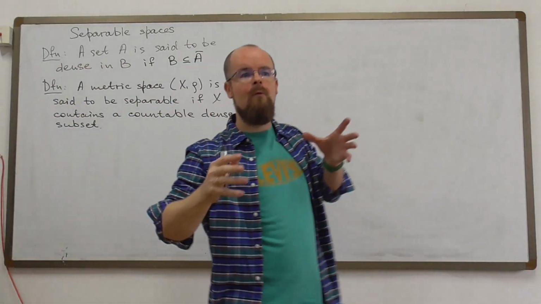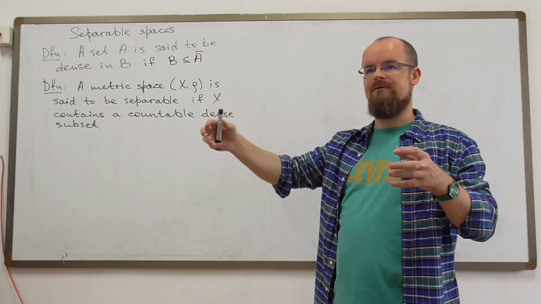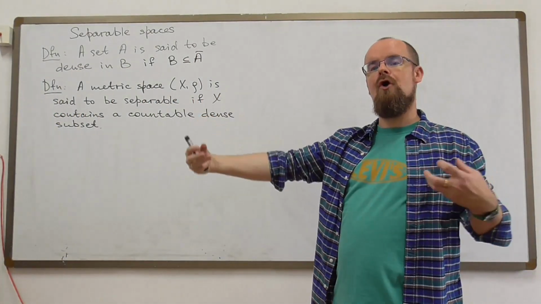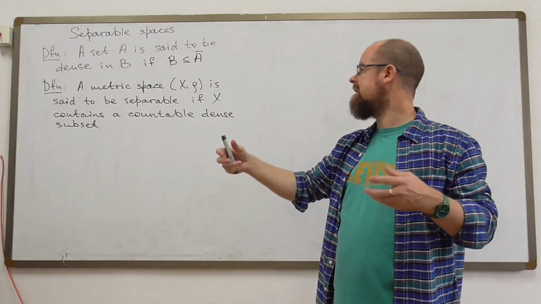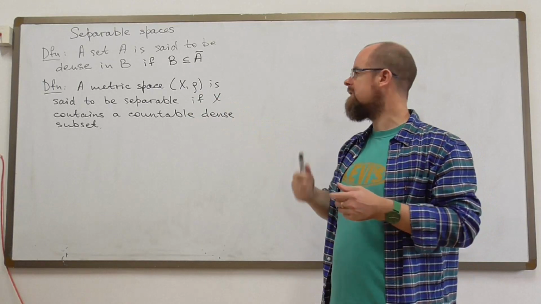So if in our metric space we can find a countable subset such that the closure of this subset coincides with the whole space, then this space is called separable.